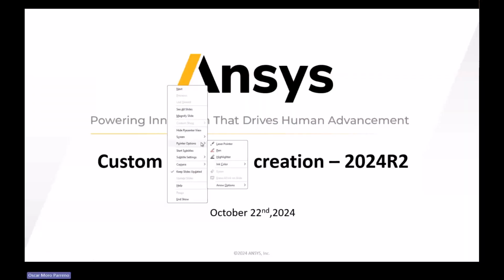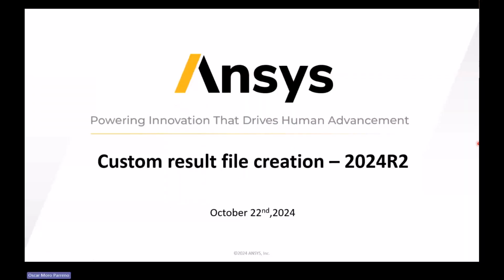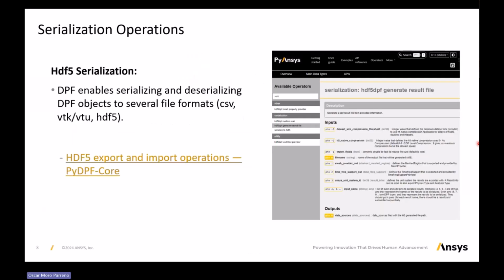Okay, so I'm going to present the topic of creating custom result files through DPF. I'm not going to go into details here, but DPF has capabilities to serialize DPF objects into several file formats, so CSV, VTK, and also HDF5. There are examples in the PyDPF documentation that explain how to use them to serialize DPF objects.